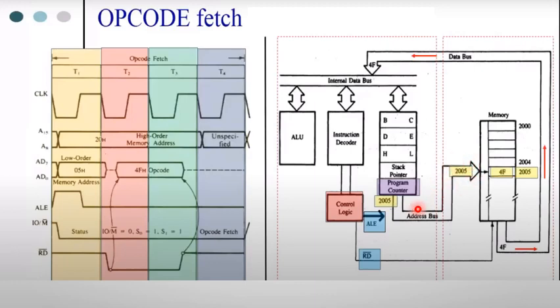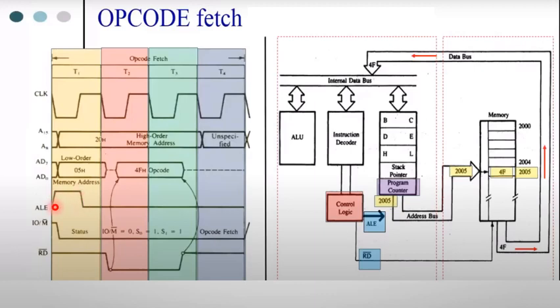The address is obtained by means of the address bus. We know that in 8085 the lower order address is multiplexed with the data lines and the higher order address is dedicated. So in order to demultiplex it, during the first half of the first clock cycle, the ALE signal goes high.